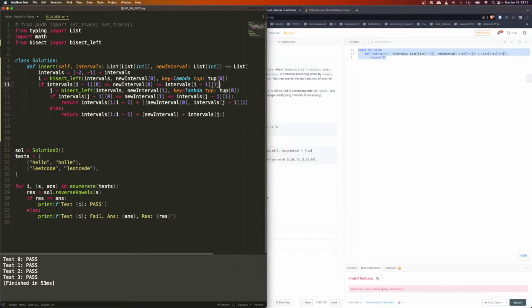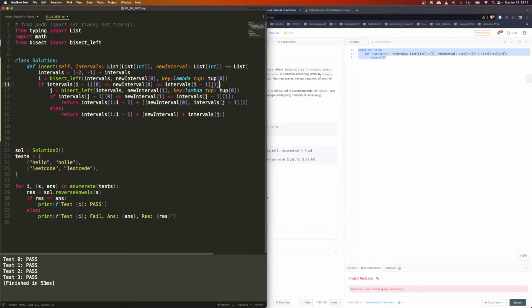So the new interval, if it's in here or in here, it's the same thing because I start always with... hold a second. If the start is in between the two, then we always use the intervals I minus 1, 0, right?